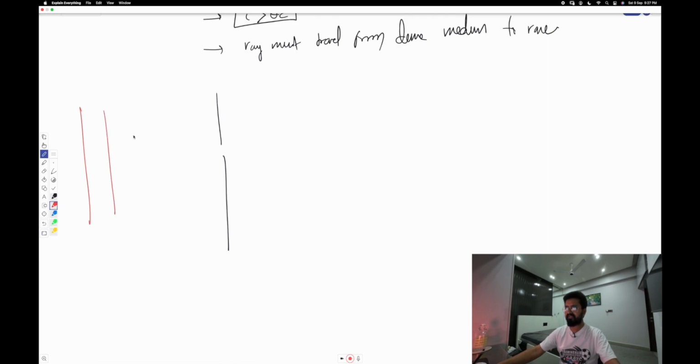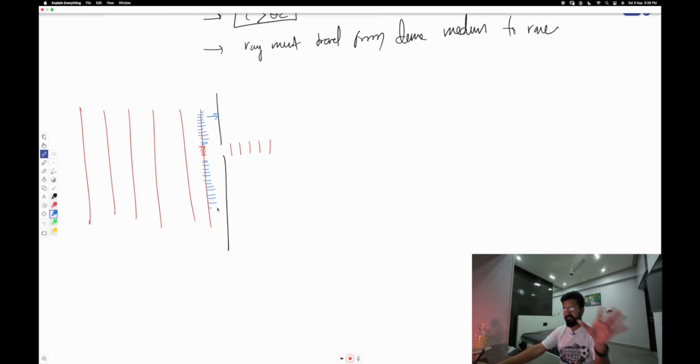If this is how the wave is traveling, we would predict that this small region of the wave will pass through this narrow gap, and the remaining part of the wave should bounce back after hitting this boundary. Yes, that's what we assume. Forget about diffraction. You don't know anything about diffraction. Just think, this portion of the wave will pass through this small narrow gap and should go straight like this.